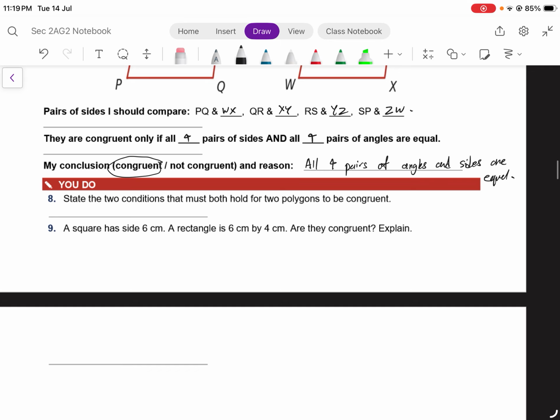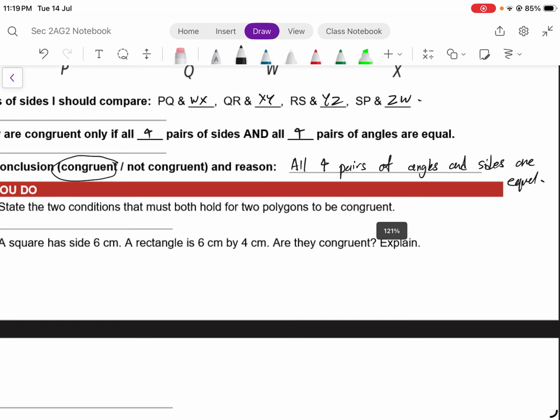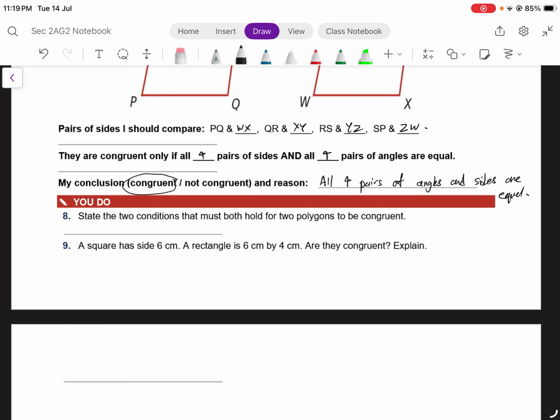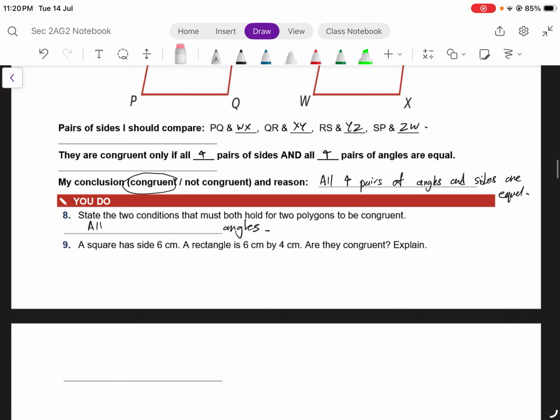Okay, state two conditions that both must hold for two polygons to be congruent. All sides and all angles must be the same. Okay, I think we need to add one more word here which is important.